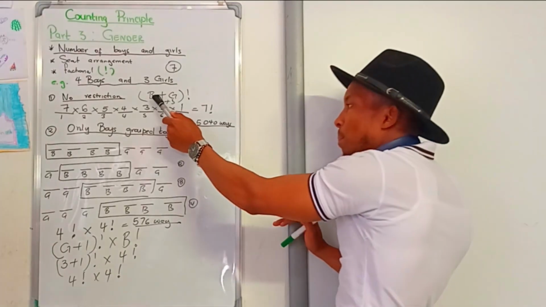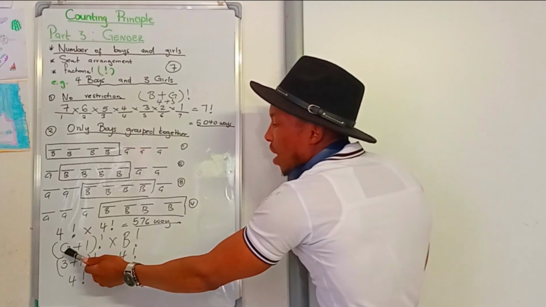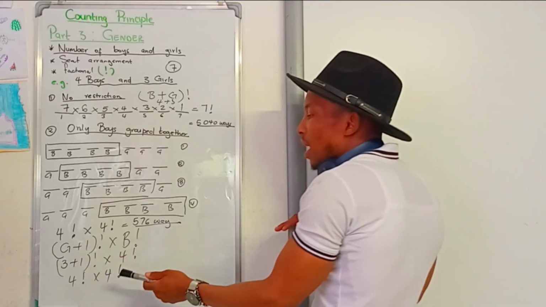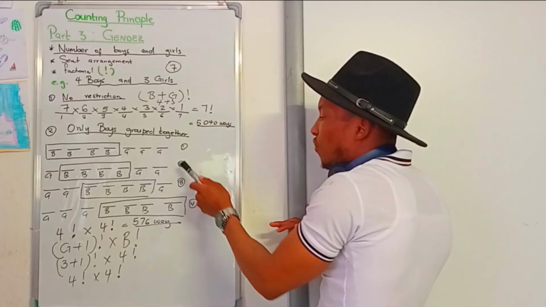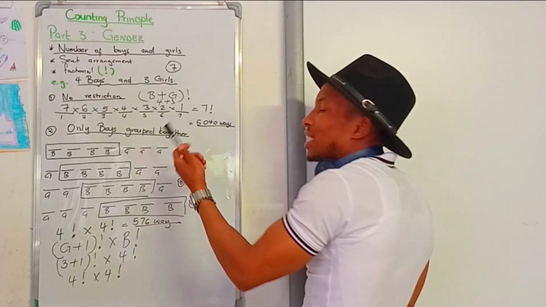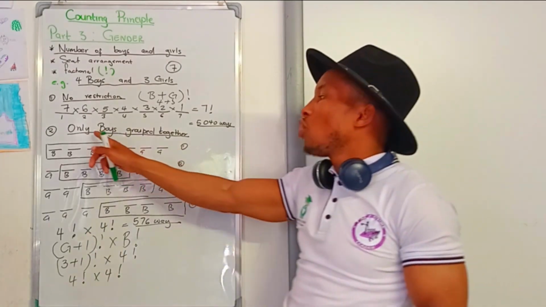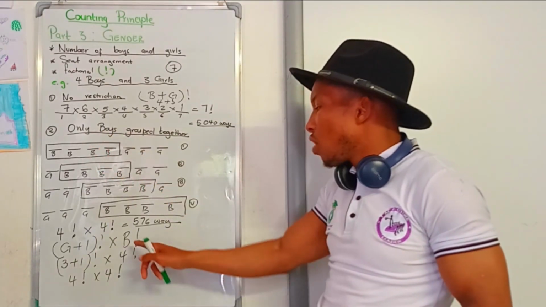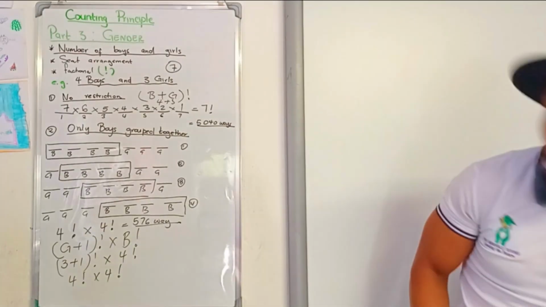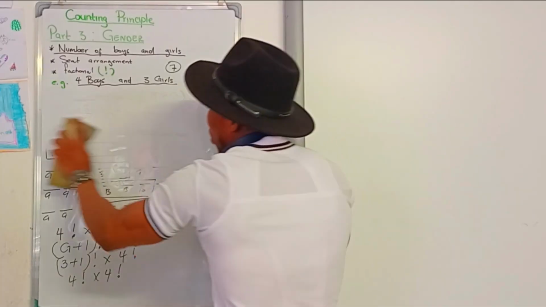Then we have boys plus girls factorial. Then here we have girls plus 1 factorial. Why is it plus 1? It's because you are just going to have 4 entities. We always add 1 to the number of the gender that you are not grouping. Okay? If you are grouping the number of girls, then we plus 1 on the number of boys.